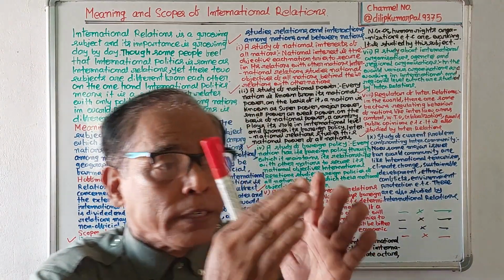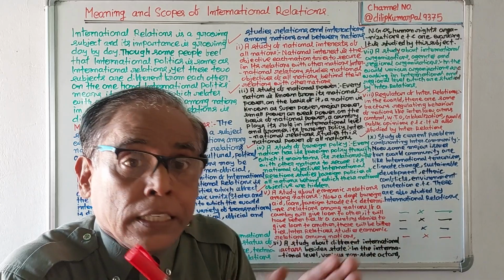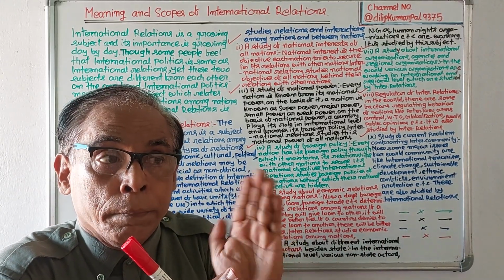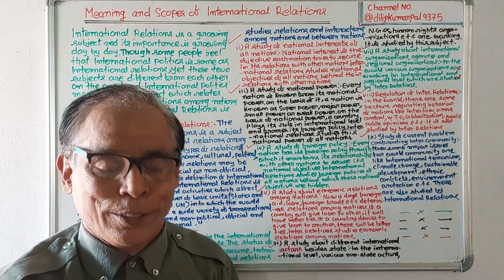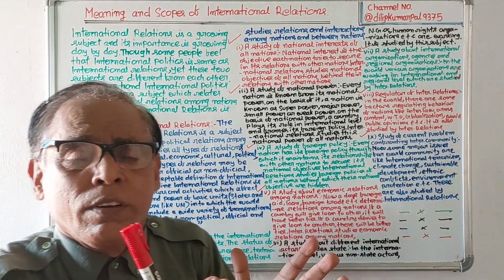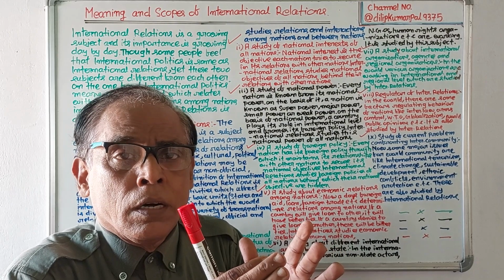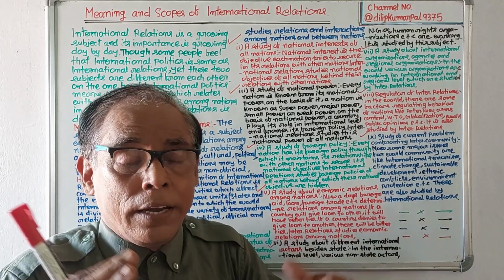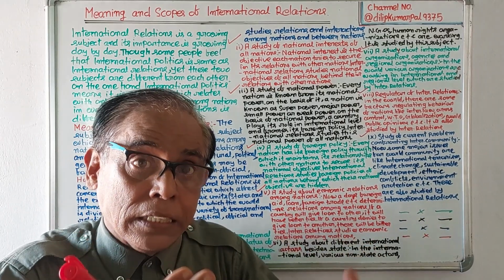So the first scope of international relations is that it studies relations between nations and among nations. At the international level, many nations are found, and every nation has its relationship with others.